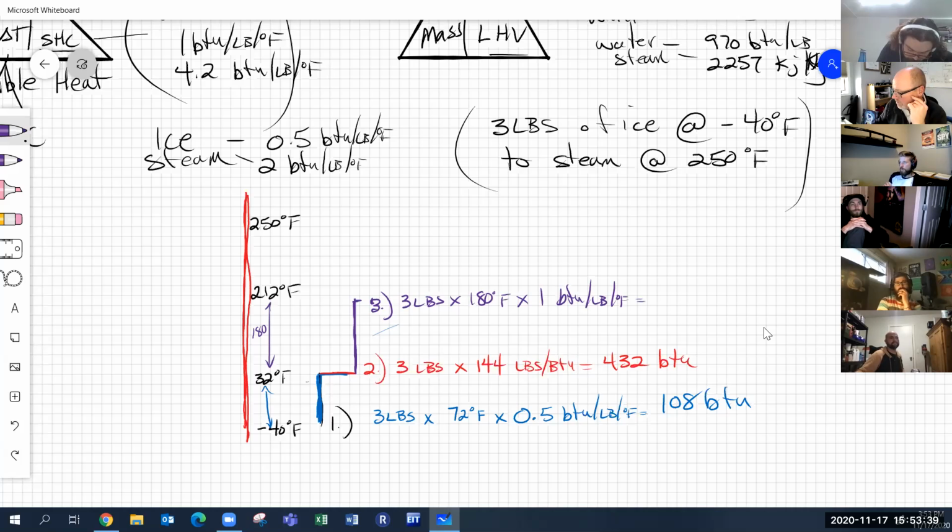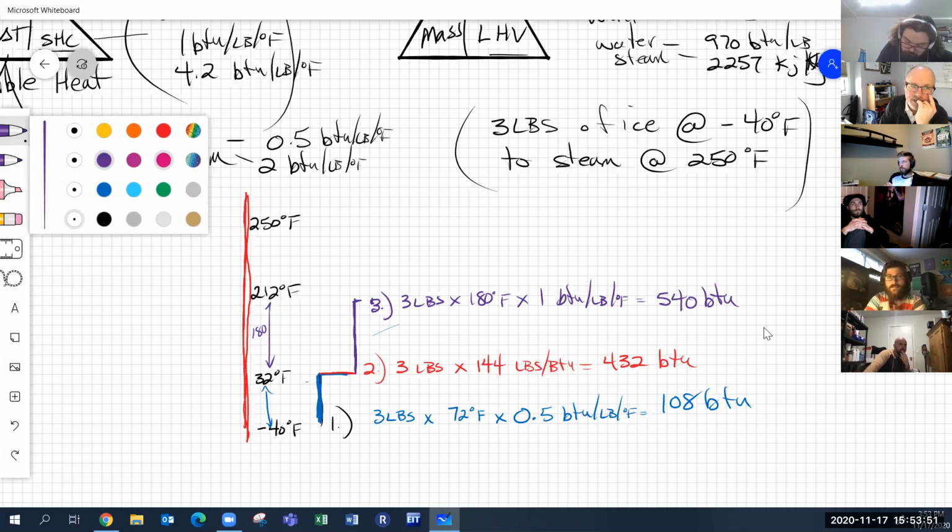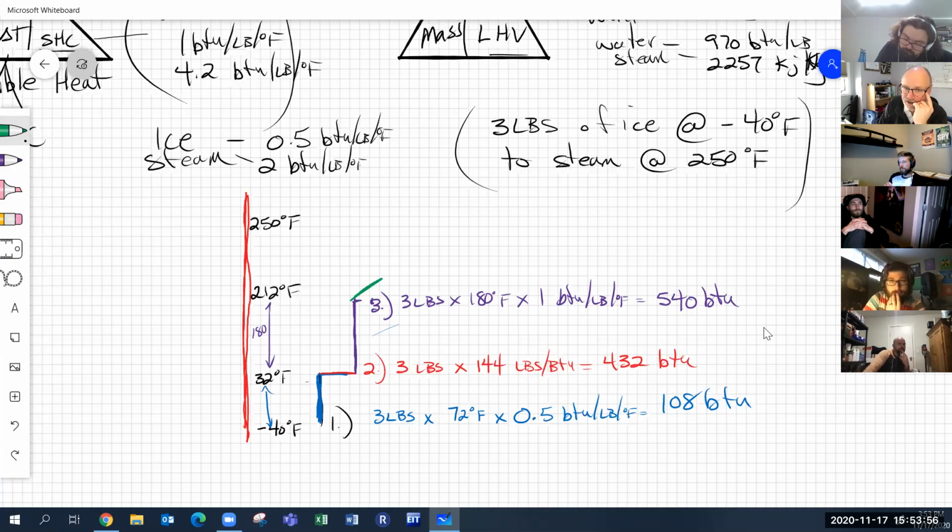And so that equals 540 BTUs. And now I have water at the boiling point. I am going to add some latent heat to this right here, and I'm going to get it to steam.